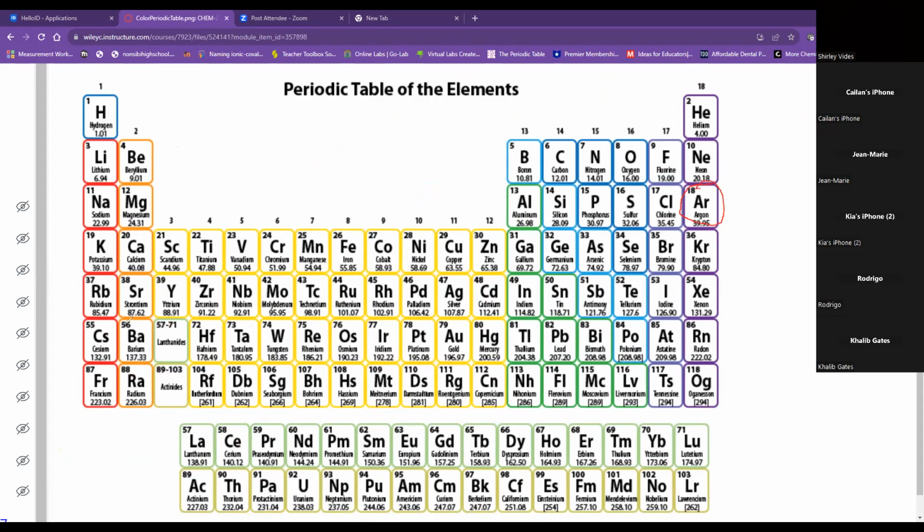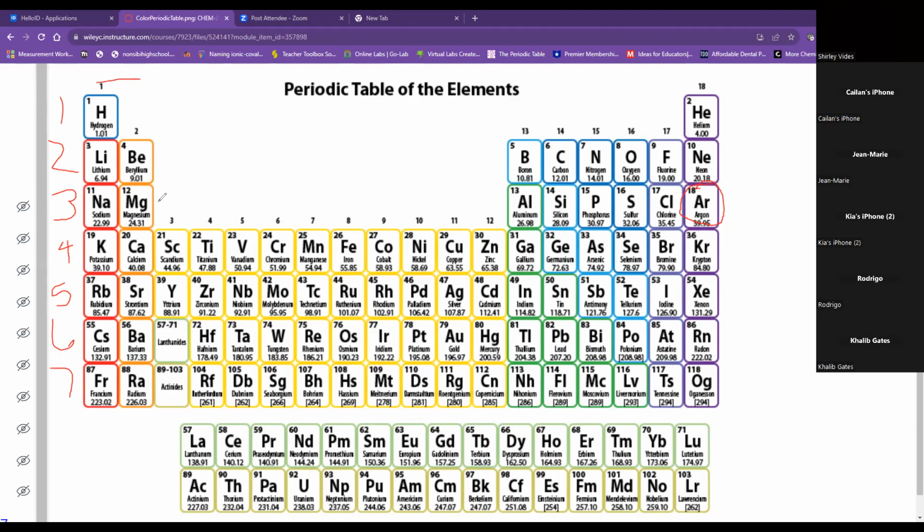Then we have 4. This is 4, remember? These all have numbers: that's 1, 2, 3, 4, 5, 6, and 7. So we're looking at 4. This right here is the S area, both of these. So 2 means here. You see that? So that's how you can identify it.